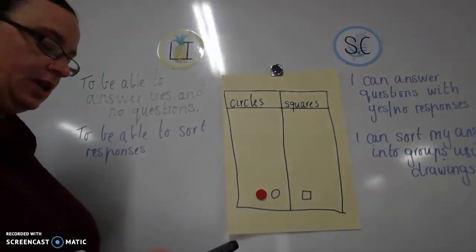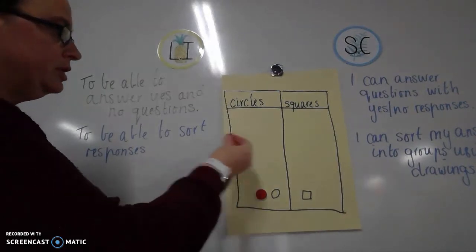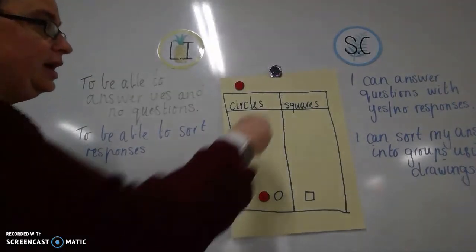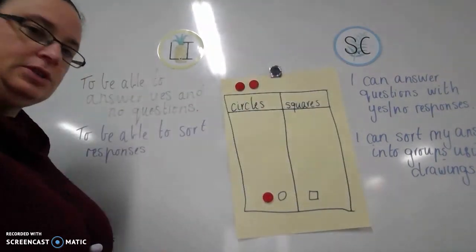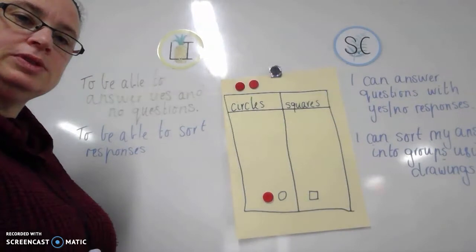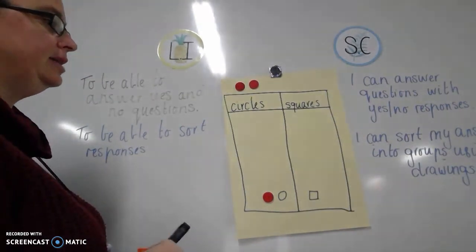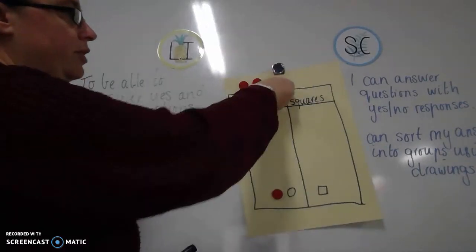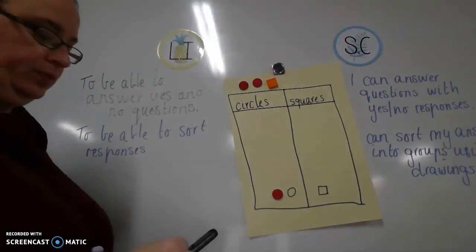So what we're going to do now is I'm going to put up some circles and some squares, and you need to sort the circles and the squares into the right column. So you're going to put it on the right part of the table.